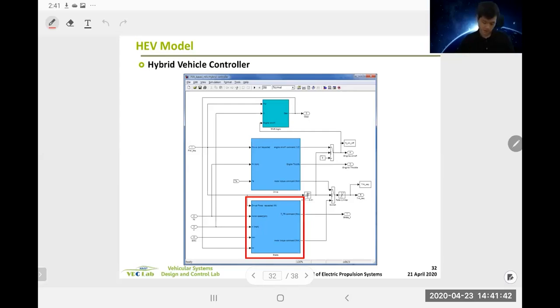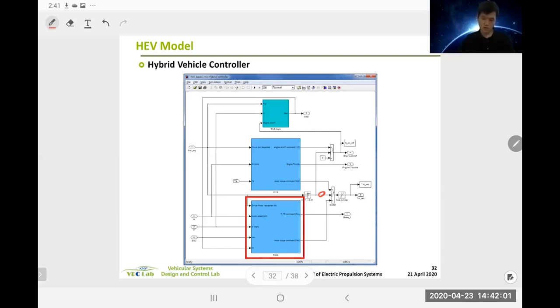Okay, and the brake module is used when power demand is negative. Okay, when driver model requests minus power demand, that means braking.